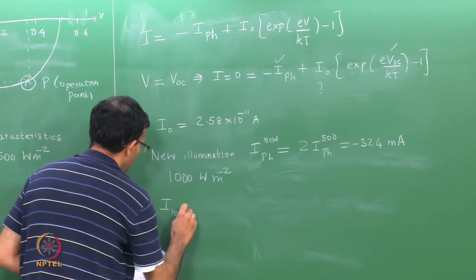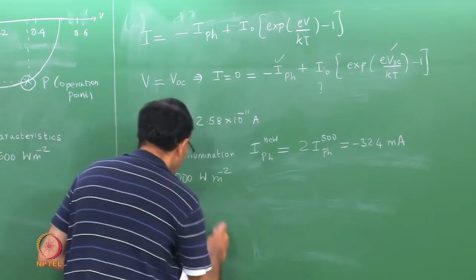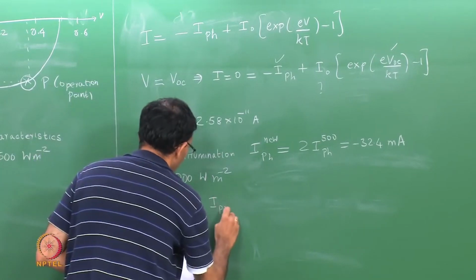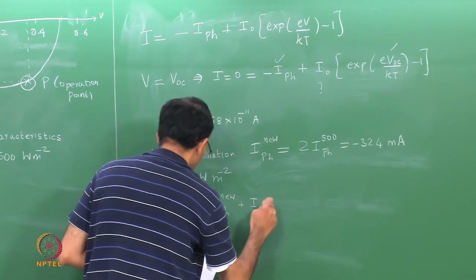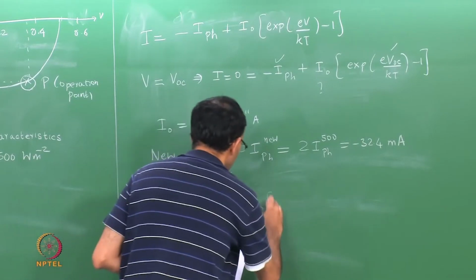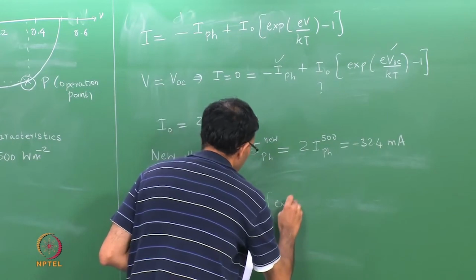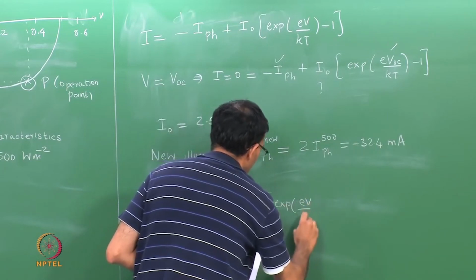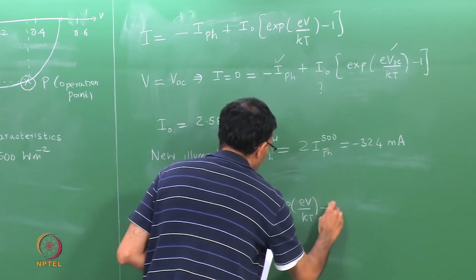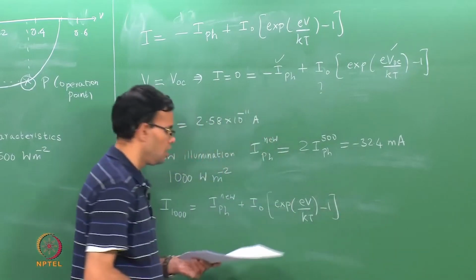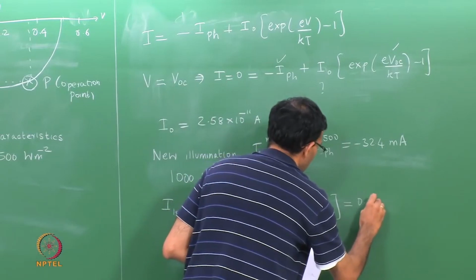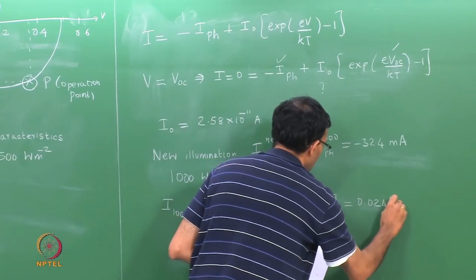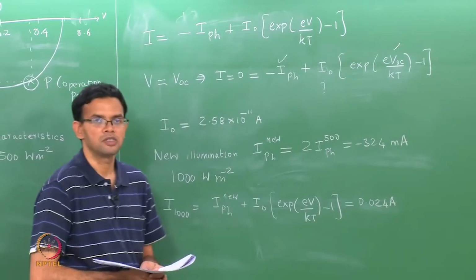So, the corresponding current is also given. So, I of 1000 is nothing but IPH nu plus I naught exponential EV over KT minus 1. So, this current is given and this is equal to 0.024 amperes.